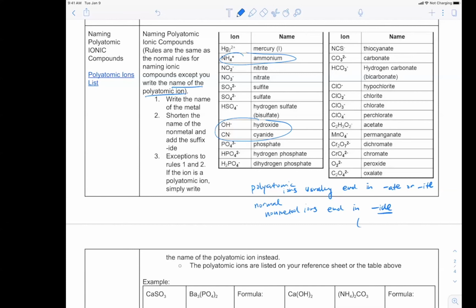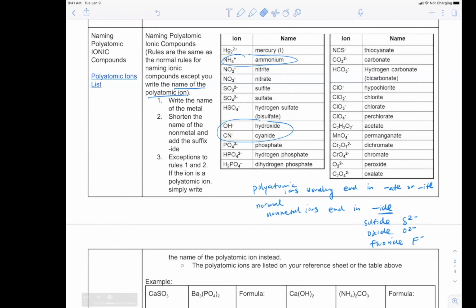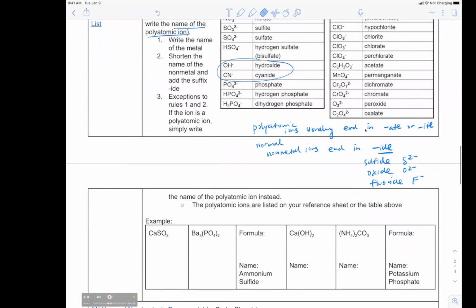For example, sulfide is S2 minus, oxide is O2 minus, fluoride is F minus. So don't confuse the normal nonmetal ion endings with your polyatomic ion endings. If I say sulfide, I'm talking about the normal sulfur, not these. But if I say sulfite or sulfate, then you should know I'm talking about a polyatomic ion. So again, don't memorize it, but you should be able to recognize when you have a polyatomic ion.